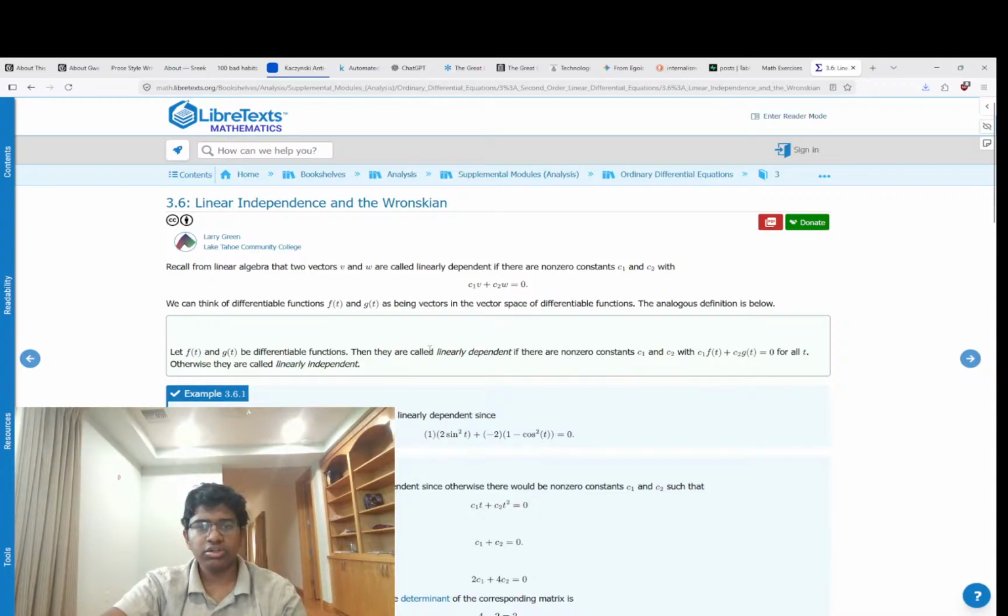They're called linearly independent if there are non-zero constants such that C1 f(t) equals C2 g(t). Sure, I can see that.